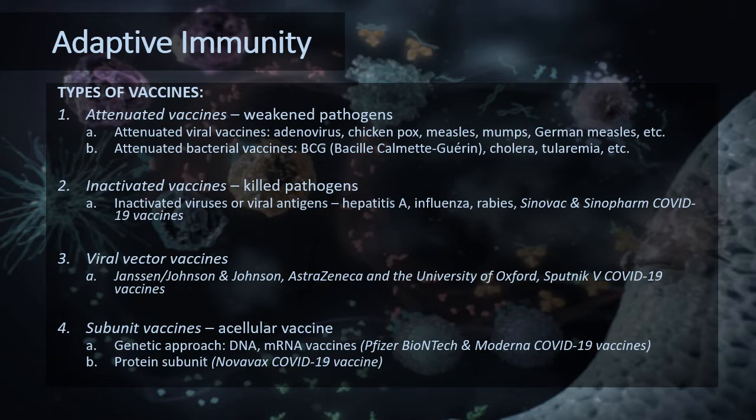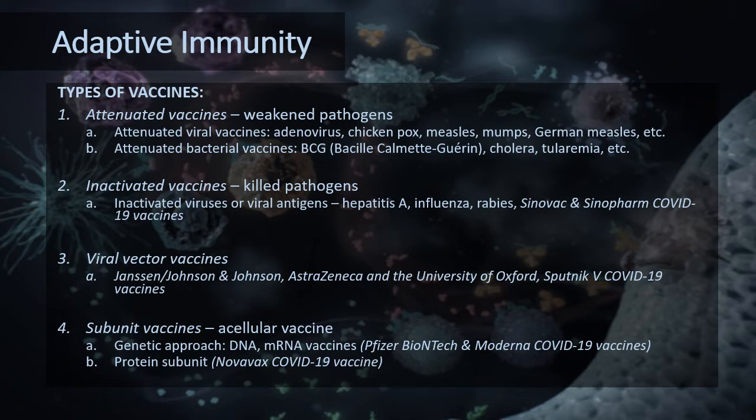Third, we have the viral vector. So this type of vaccine utilizes a virus carrier that cannot cause disease such as strains of adenovirus. So we have the following examples: Janssen or Johnson & Johnson, AstraZeneca and the University of Oxford, and Sputnik V COVID-19 vaccines.